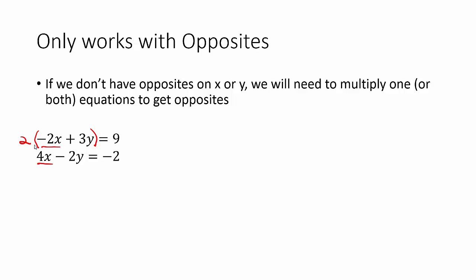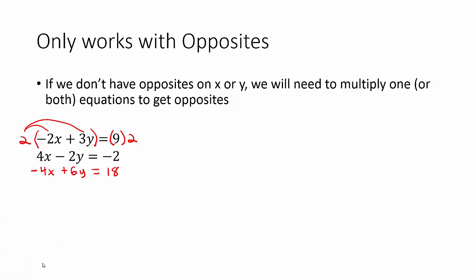Then we would have opposites in front of the x's. Of course, if I do it to one side, I have to do the exact same thing to the other side. So multiplying by 2 gives me, let me get rid of these underlines here. It'll be 2 times negative 2 is negative 4x. Those are the opposites I want. And 2 times 3y will give me 6y equals 9 times 2 is 18.